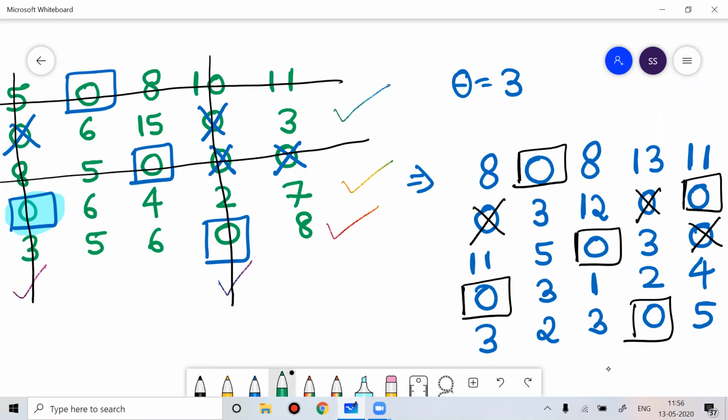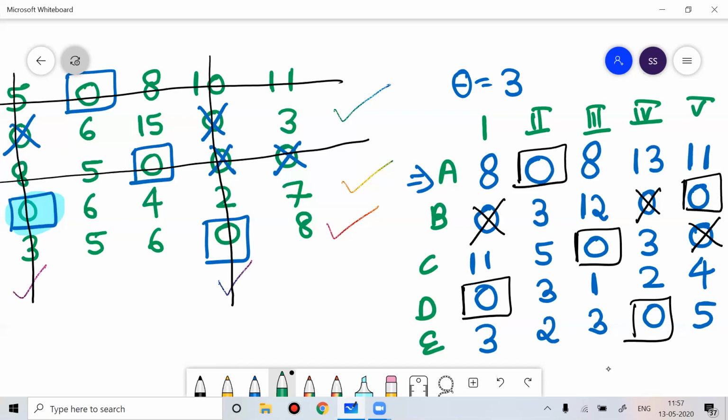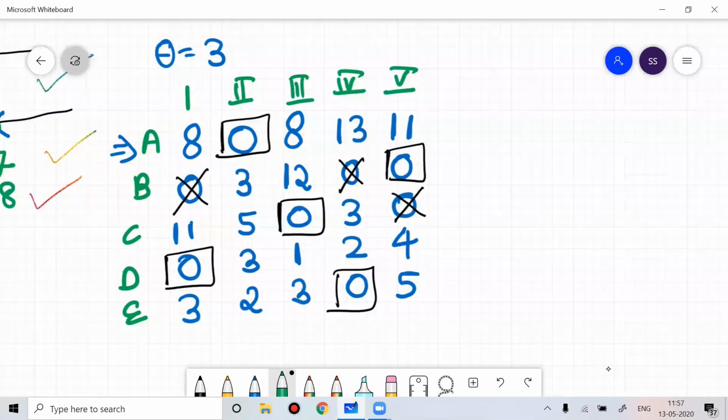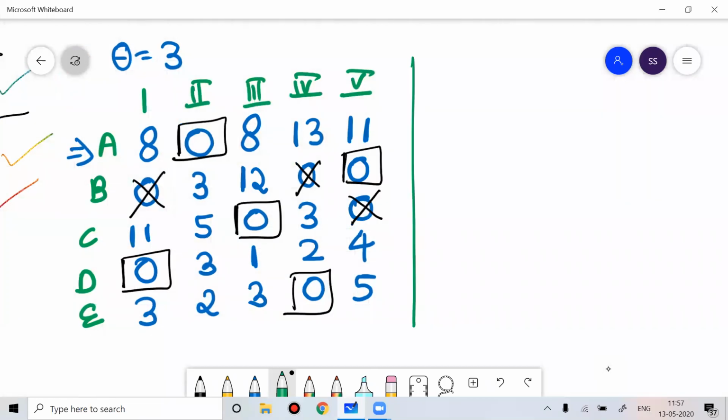So if I write, your machines were A, B, C, D, E, and your jobs were 1, 2, 3, 4, 5. With this you can say that job 1 is done by which machine?